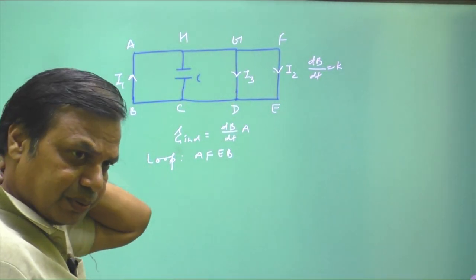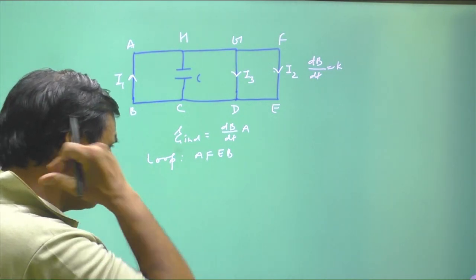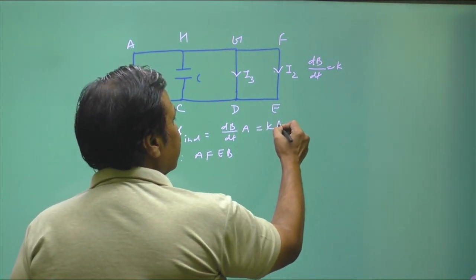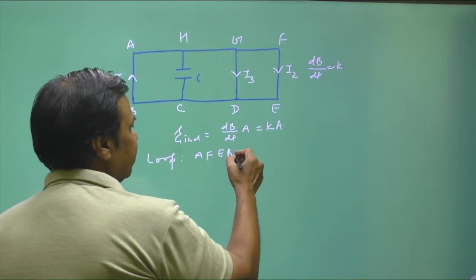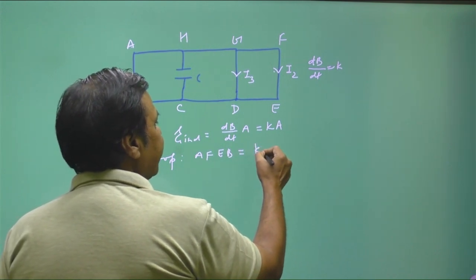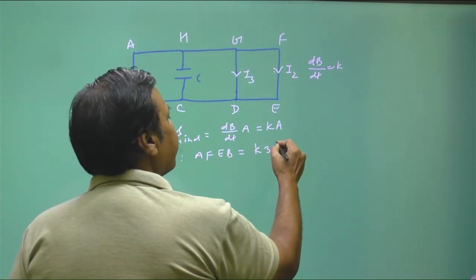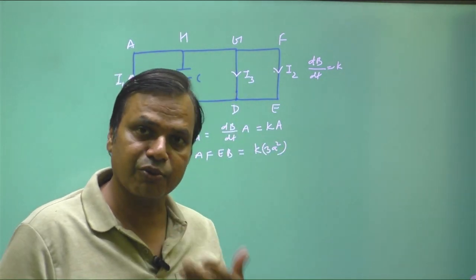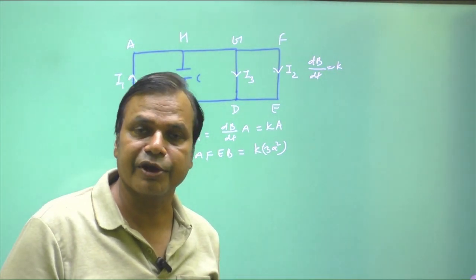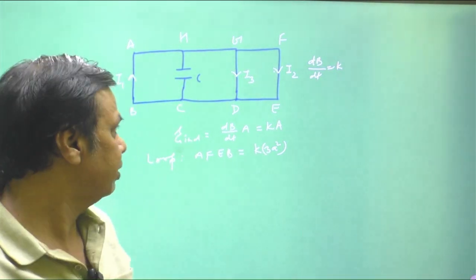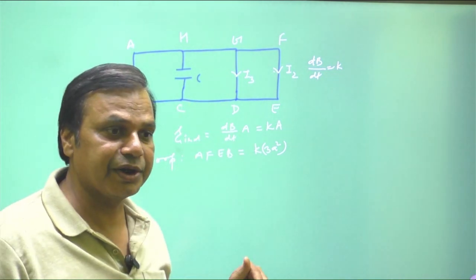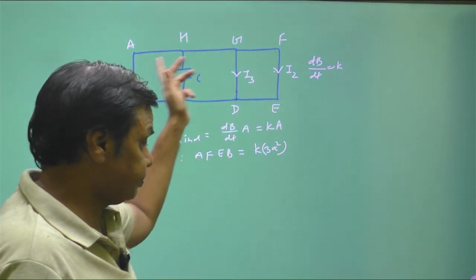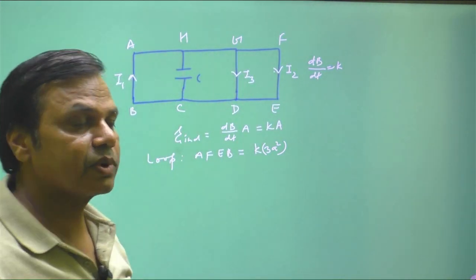And it keeps increasing at the rate K. So I can write here K times the area, and its value is going to be K 3A square, because every square has an area A square, because the side length of the square is A. So every loop has an area A square, and in this entire loop the area is 3A square.